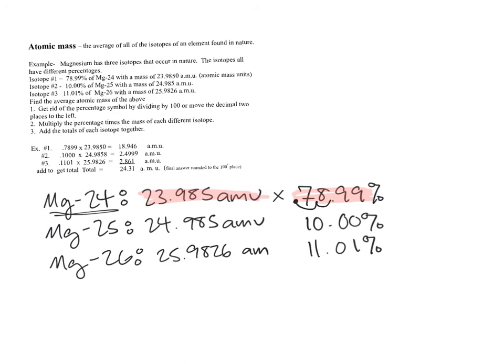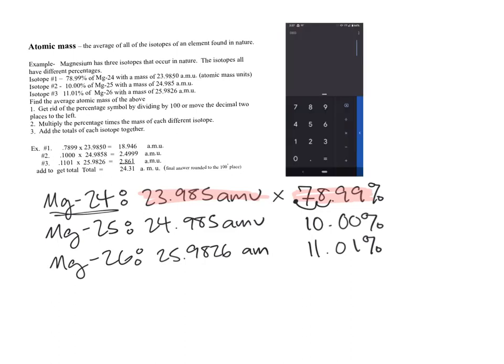So before you multiply, change it over. Otherwise, when you add it up, it's going to be off by a factor of 100. So you've got to do 23.985 times 0.7899, which equals 18.946.